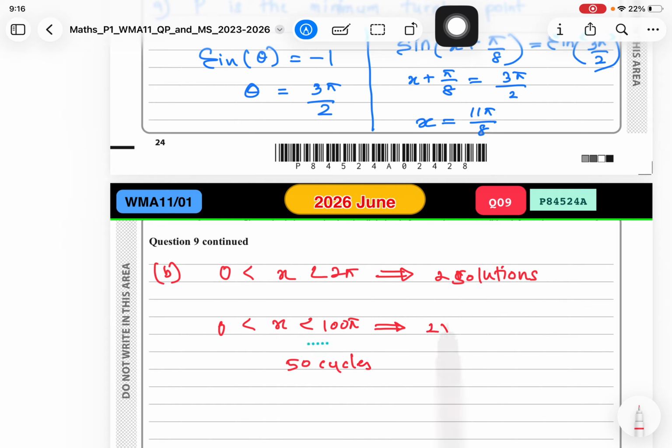So it's 2 into 50, which is 100 solutions. Then after that, we have to think about the remaining range, 100 pi to 101 pi.